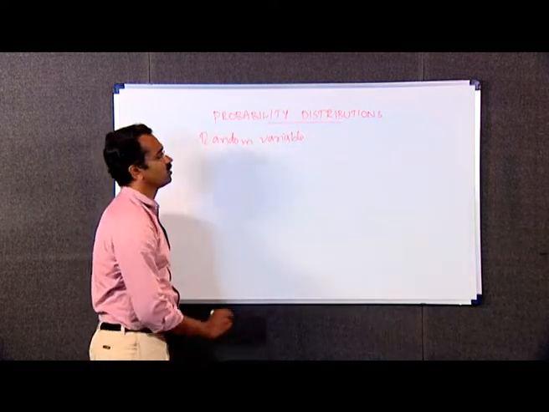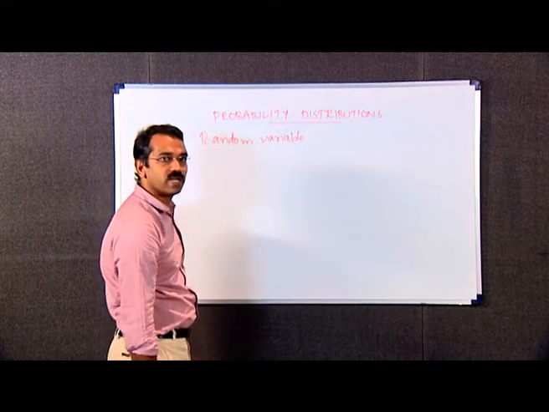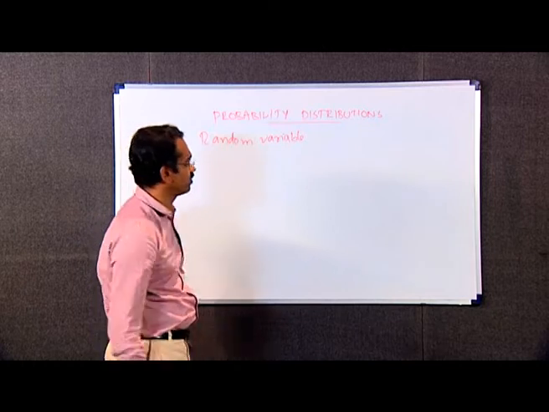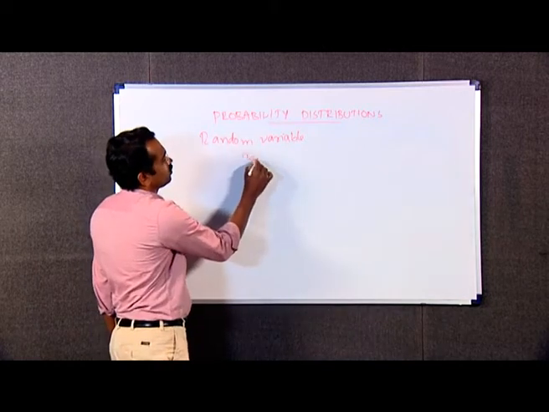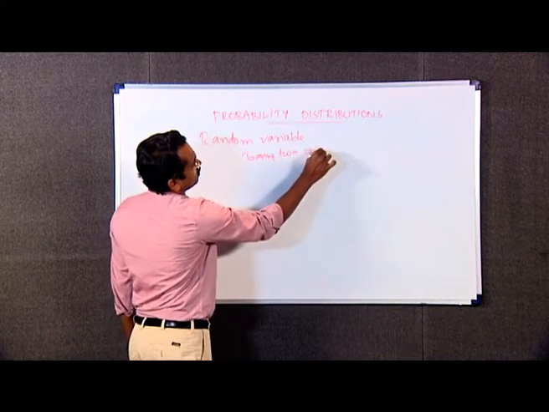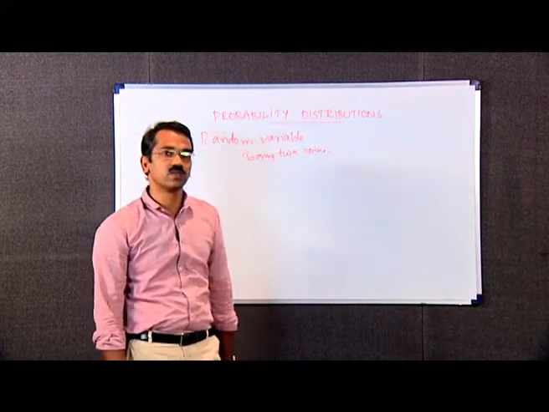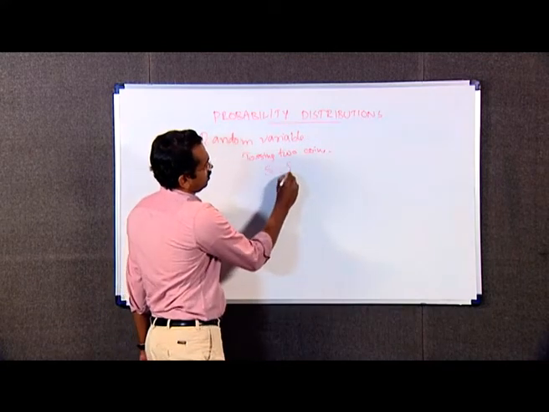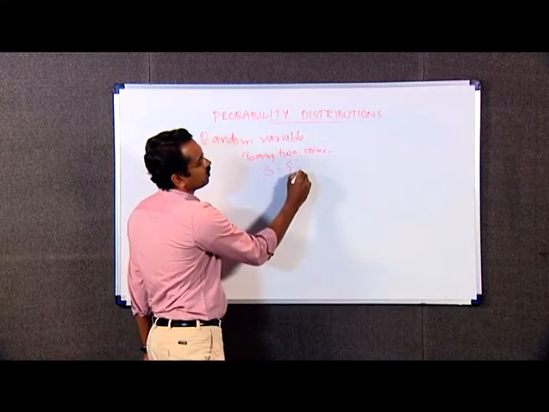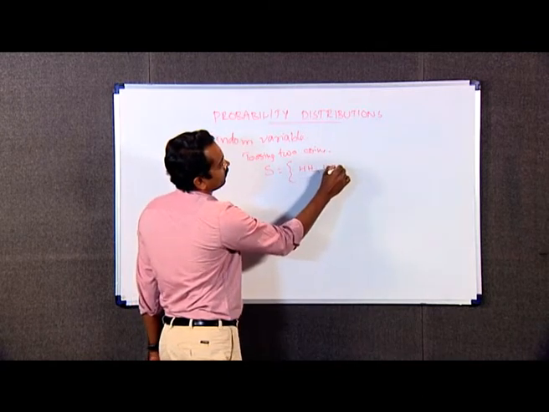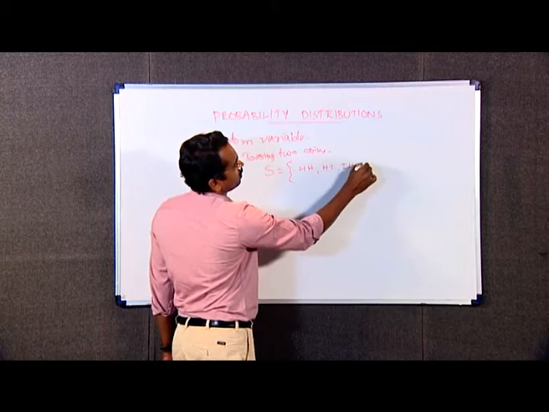For example, consider the random experiment of tossing two coins. Then the sample space is S equal to {HH, HT, TH, TT}.